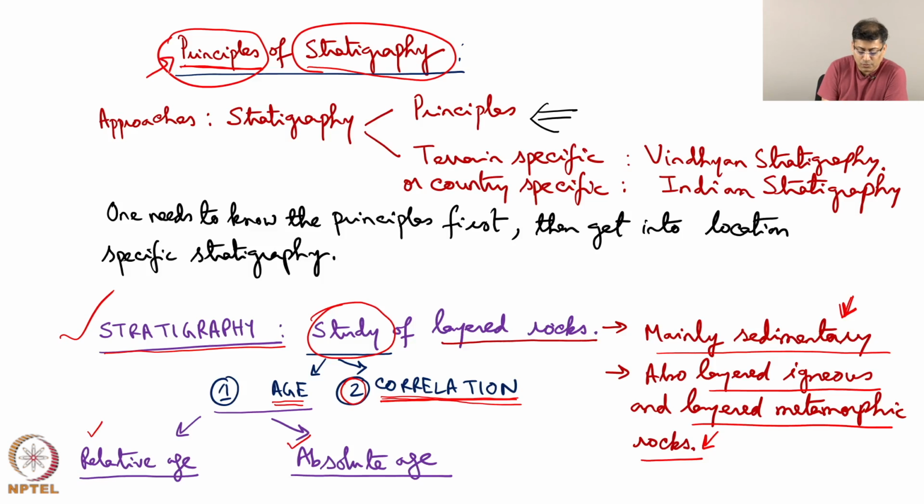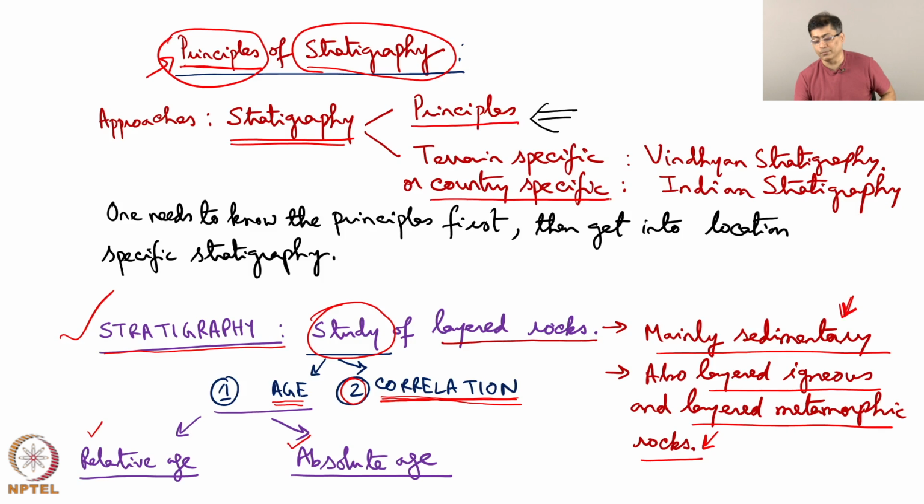There are common principles or common theories involved in finding the age of sedimentary rock worldwide, or in correlating sedimentary rock from one place to another. Those are known as the principles. So, attached with the word stratigraphy, you can find principles of stratigraphy, which is the topic of this NPTEL presentation, or you can find country specific description of stratigraphy.